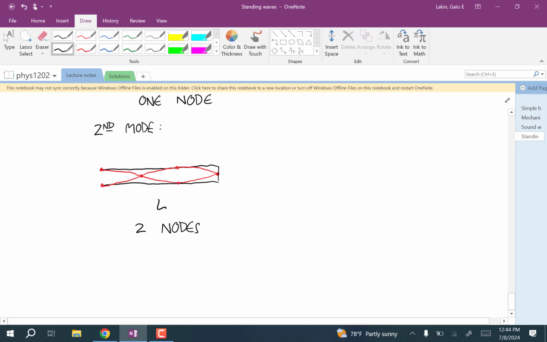And so if you break this up, think of the distance from one node to the next node as being sort of one thing. We have a half, another half, and another half. So we have 3 halves of the distance from one node to another. But you have to go from a node to the second node in order to complete a full cosine cycle.